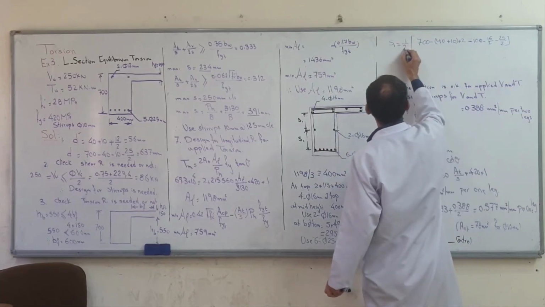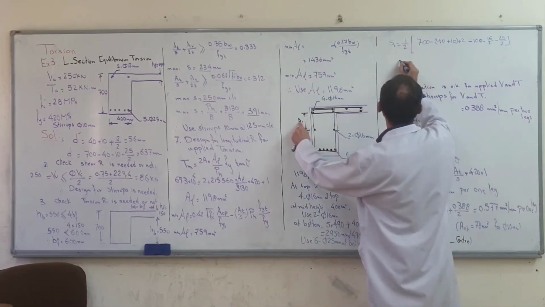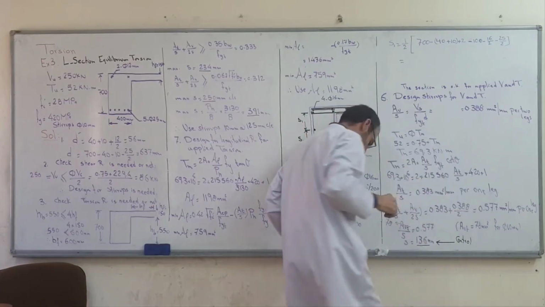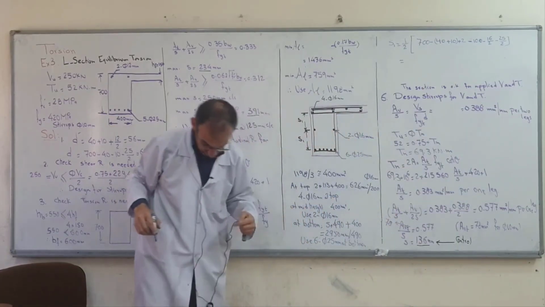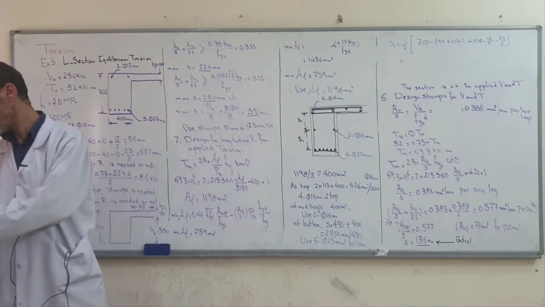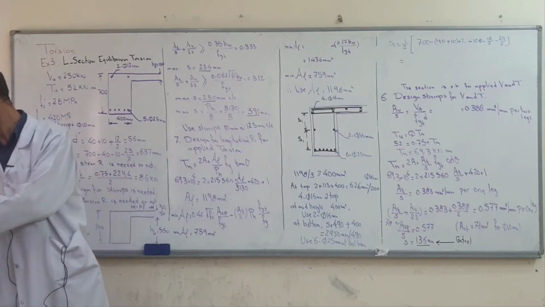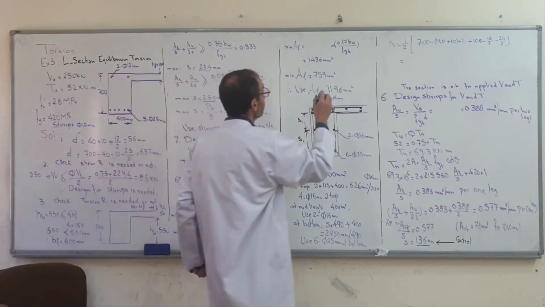Divided by two spacings, one spacing, two spacing, this is equal to 240 millimeters.